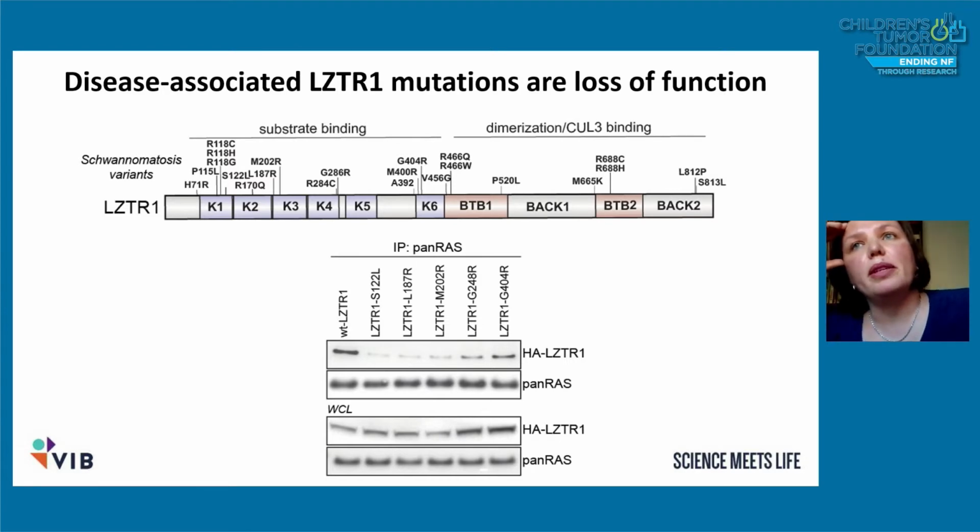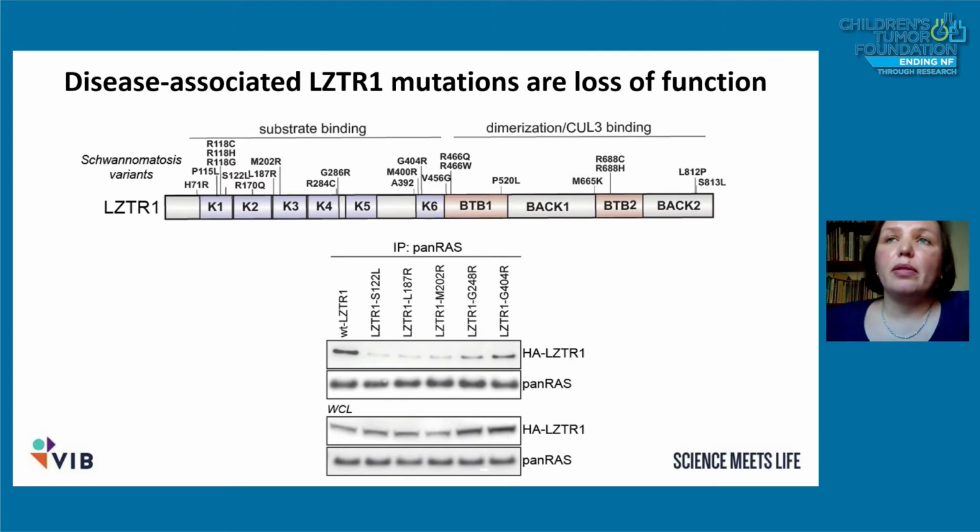But what about missense mutations? We also looked at how missense mutations could contribute to schwannomatosis development. As you can see here, the identified mutations associated with schwannoma spread out through the whole LZTR1 gene.